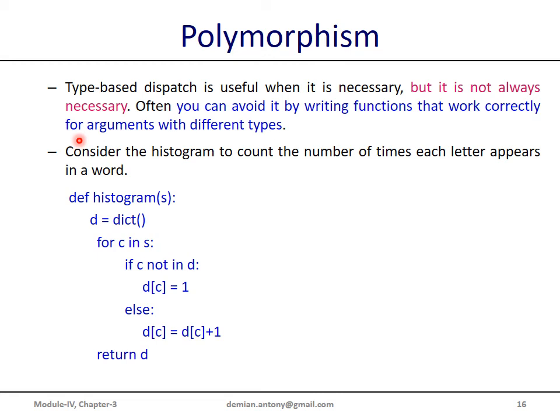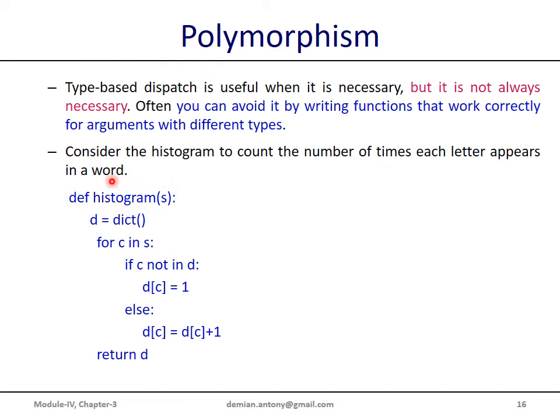Let us consider one such polymorphic function called histogram, which counts the number of items present in either a list or a dictionary or a string, letters in a string, and so on.